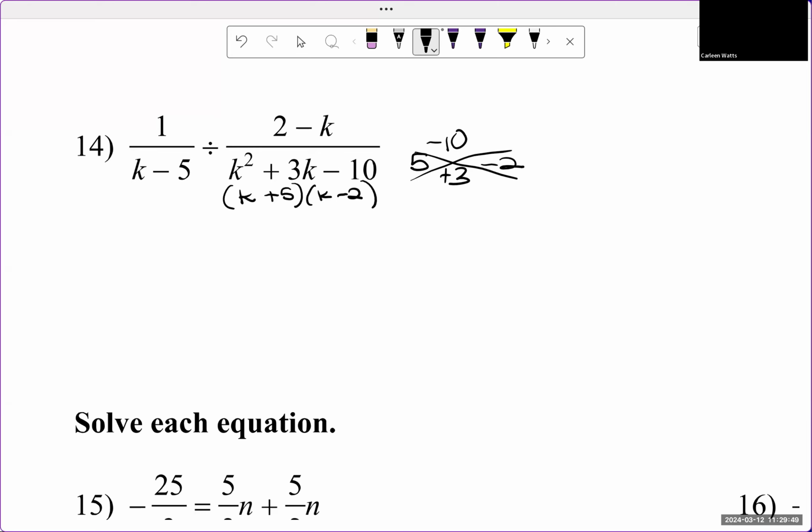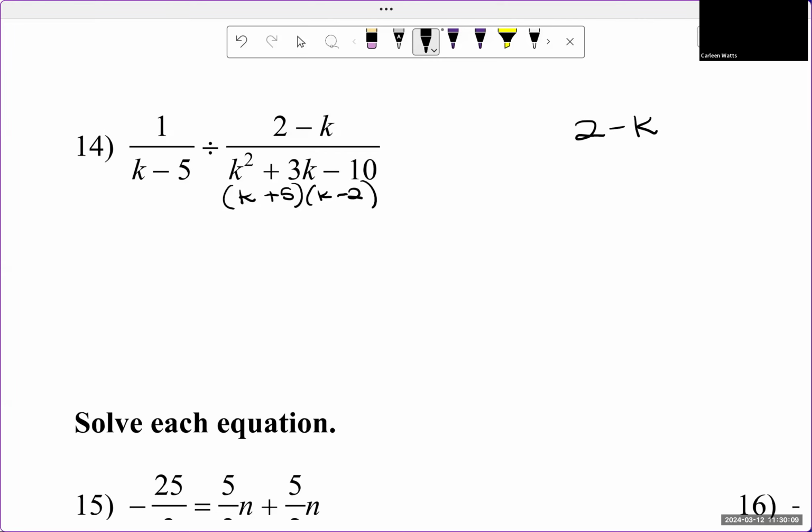Now, I'm going to erase the diamond. Okay, but we got the diamond. Is there anything that bugs you? Oh, it's 2 minus k.